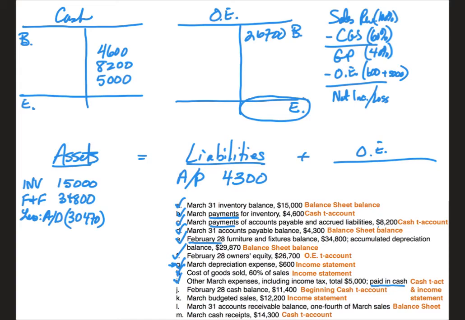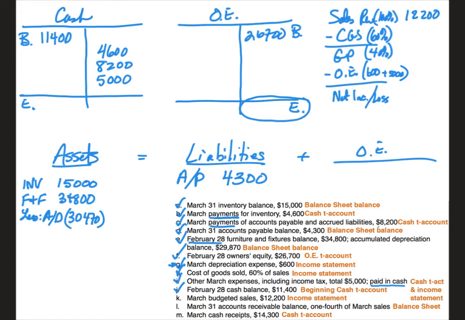Then they tell me in letter J, February 28th cash balance was $11,400. So that would have been my beginning cash balance, $11,400. Okay. And then March budgeted sales were $12,200. So I can put that in my income statement. Now I can calculate cost of goods sold.